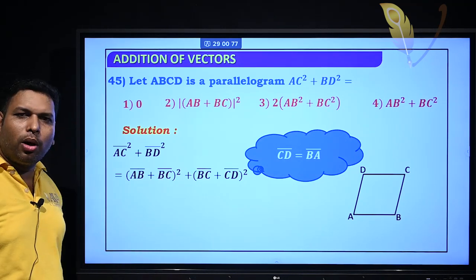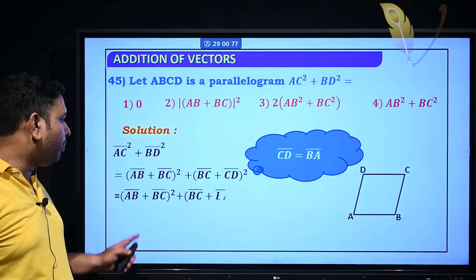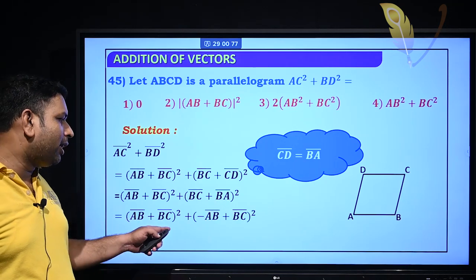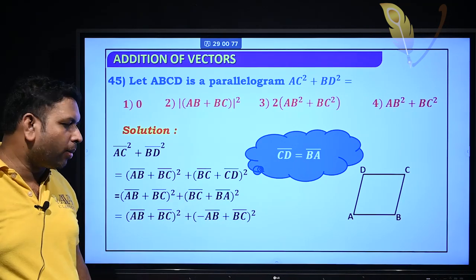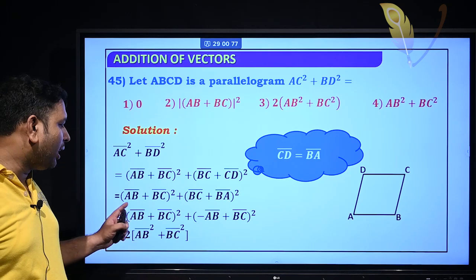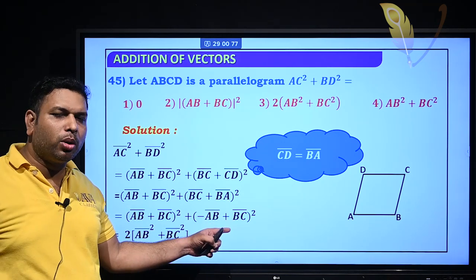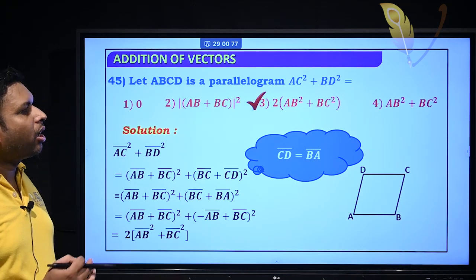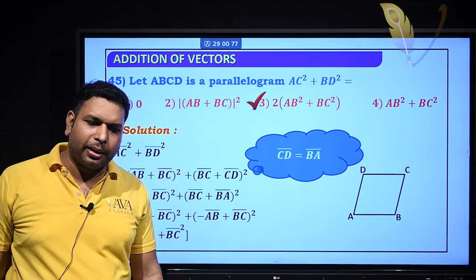Since CD equal to BA, it is (AB plus BC) square plus (BC plus BA) square. So it is (AB plus BC) square plus (AB minus BC) square. So it is just like (A plus B) whole square plus (A minus B) whole square. So 2 times (A square plus B square). Okay. So third option is the right option, students.